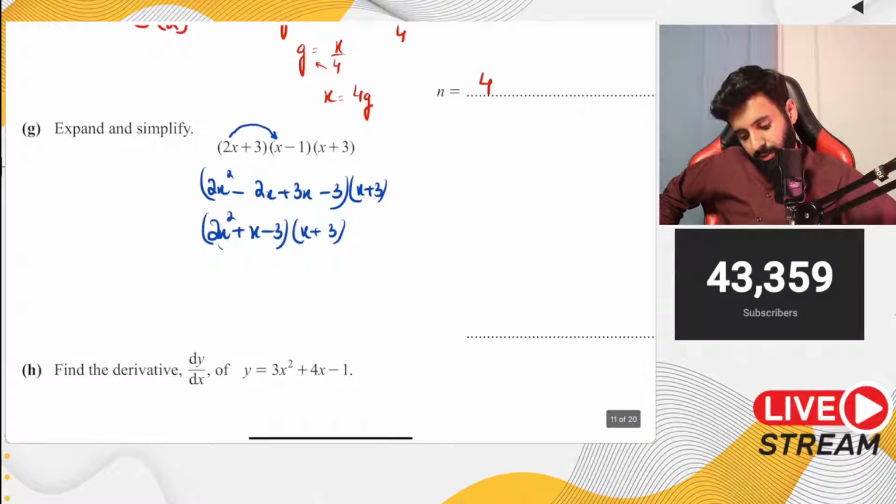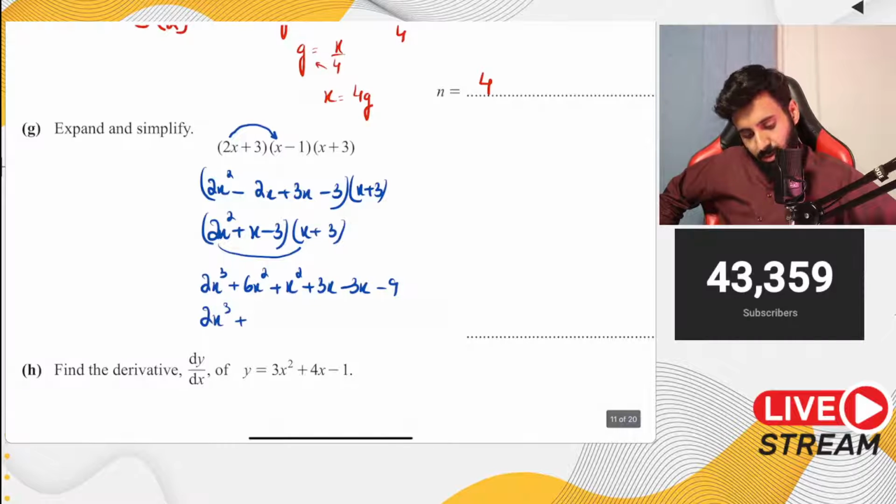So 2x square into x is 2x cube plus 6x square plus x square plus 3x minus 3x minus 9. So 2x cube as it is plus 7x square, minus 3x plus 3x gets cancelled out, and now we have minus 9. So that's your final answer: 2x cube plus 7x square minus 9.